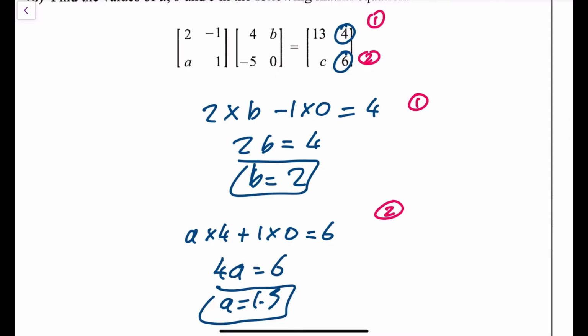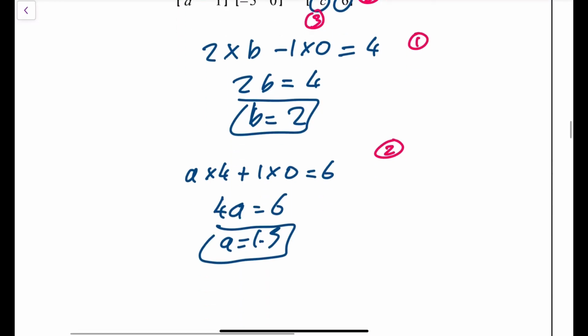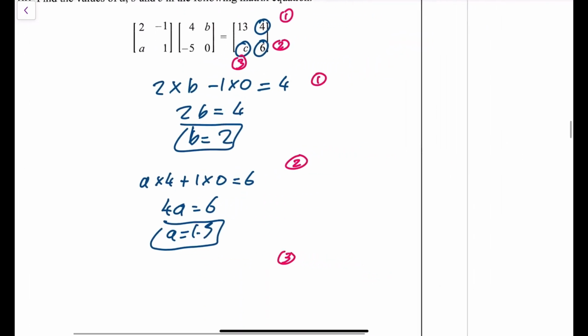And the last one I'm doing here is this one. So to get that last one there, that c is my second row, first column. So that's a times 4 plus 1 times minus 5.